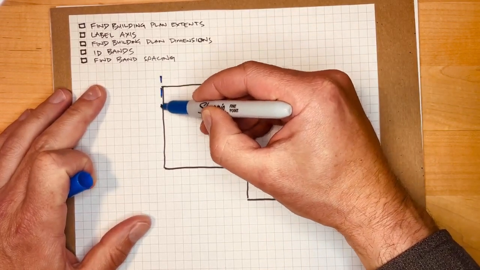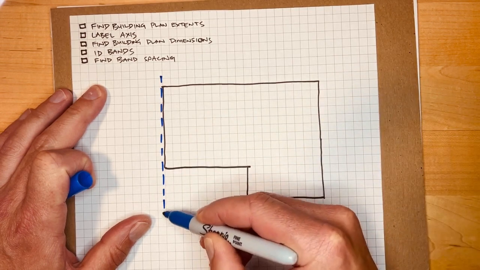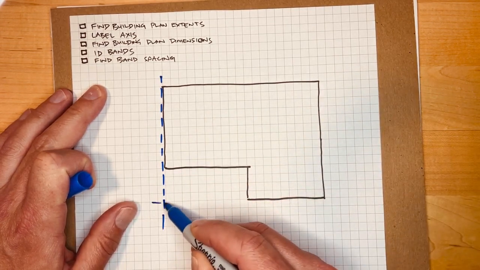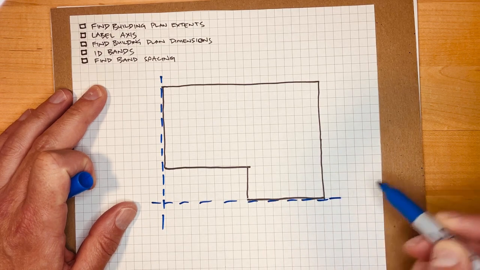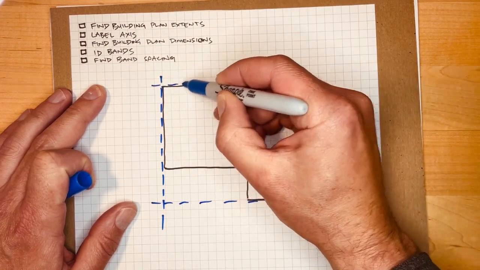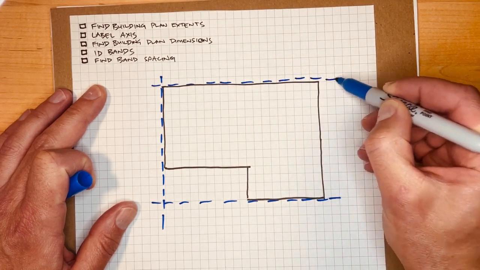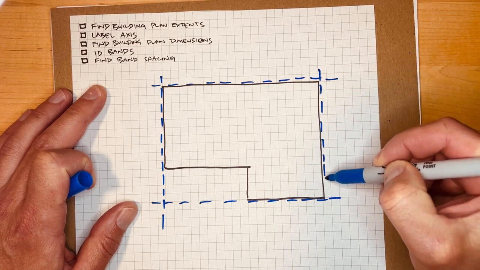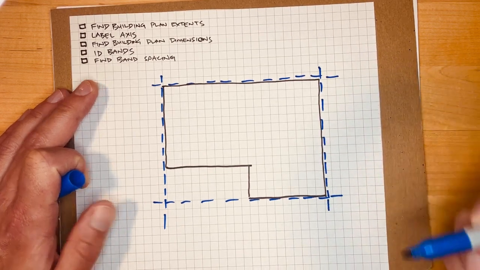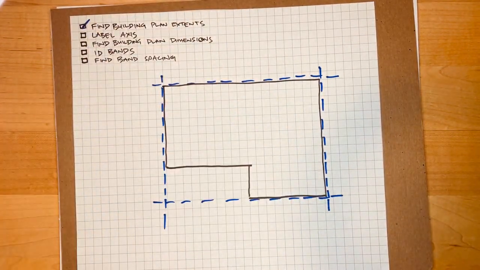So the extending rectangle is going to be something like this. And that would just be indicative to find the building plan extents.